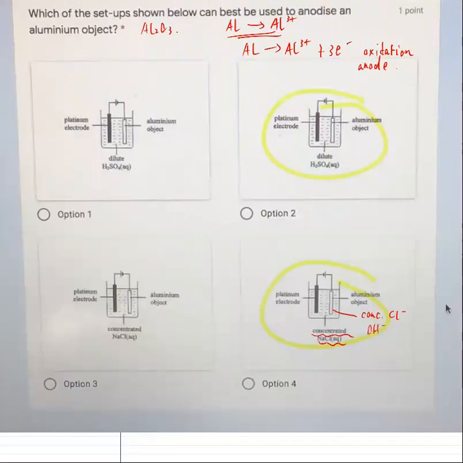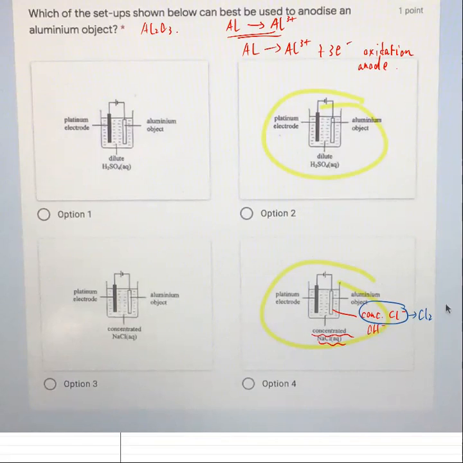As we mentioned, if we have a lot of chloride ion near that electrode, those chloride ions would preferentially discharge to form chlorine.